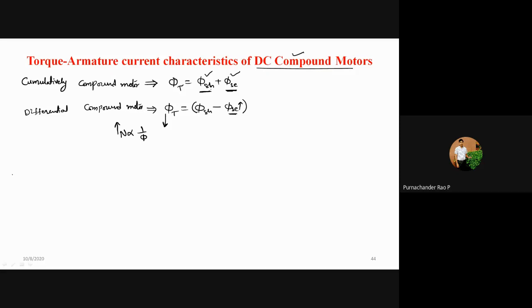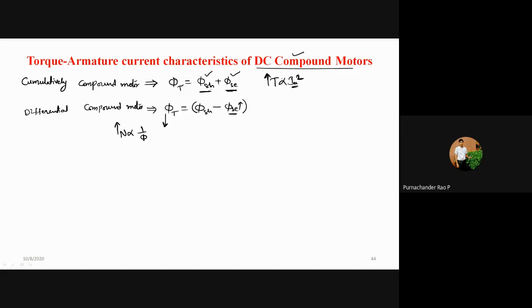But cumulatively compounded motors have high torque, because the torque produced in a series motor is proportional to Ia square. At the time of starting, torque is proportional to the square of the armature current, so it has a very high torque compared to a shunt motor, and series motors can be useful for applications where we require high starting torque.